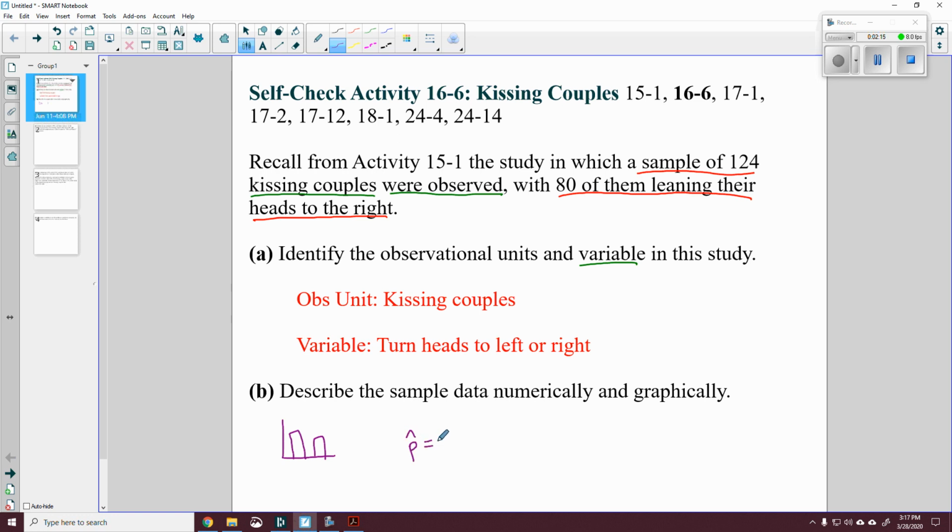In this case, p hat is equal to 80 couples that turn their heads to the right, divided by a total of 124 couples, and that equals 0.645. We're going to see that 0.645 come up a lot in not only this problem, but in future problems as well. That is our p hat, our sample proportion.